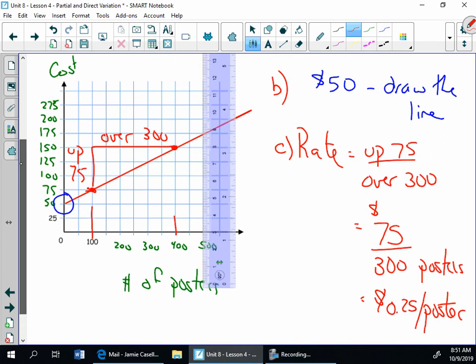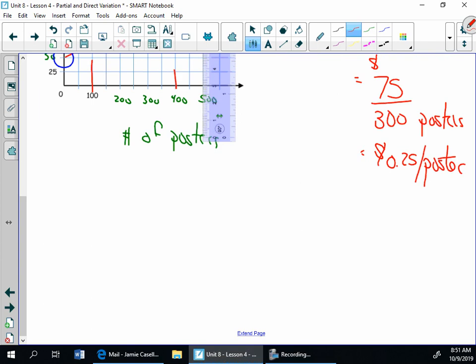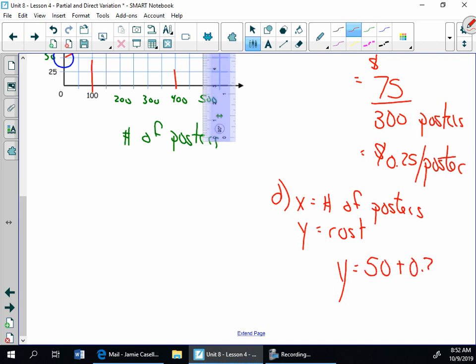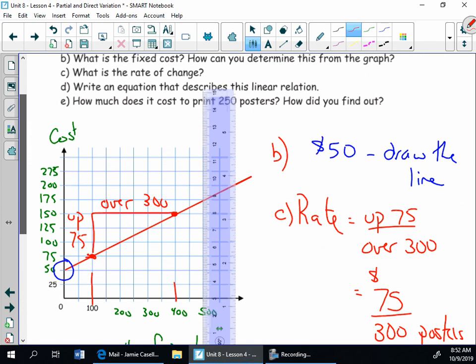Let's guess, the next question will probably be writing an equation. Sure is. D, X equals number of posters, Y equals cost. Our equation started at, well, on our graph it was 50, and it's going up 25 cents for every poster. Okay, last one, let's use that equation, right? How much does it cost to print 250 posters?